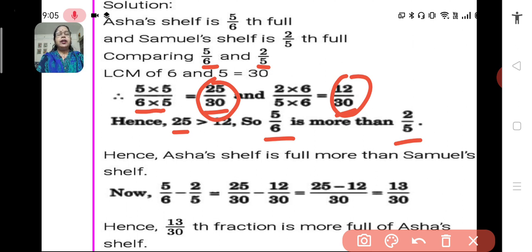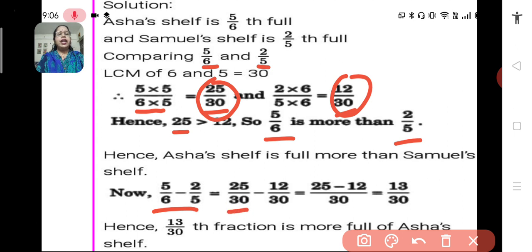Now, we have to find how much more. That means we have to subtract the fraction of Samuel's shelf from Asha's shelf. So, 5 upon 6 minus 2 upon 5. Again, we find the LCM. We have already done that.